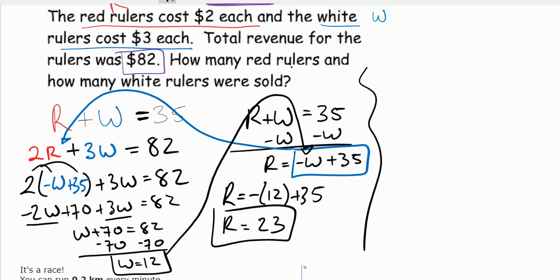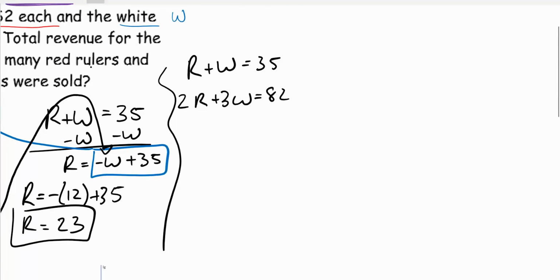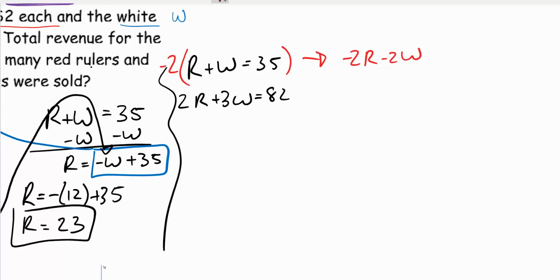So our equations again, R plus W equals 35, and 2R plus 3W equals 82. And we can see that if we multiplied this top equation by negative 2, we'd get negative 2R minus 2W equals negative 70.